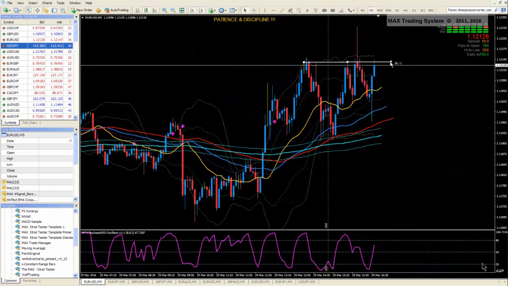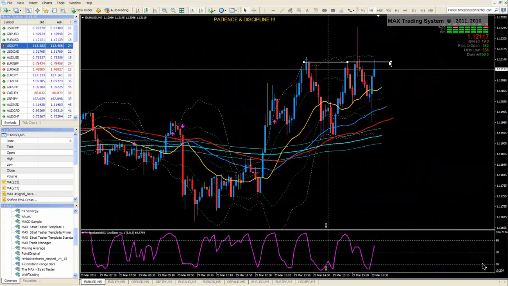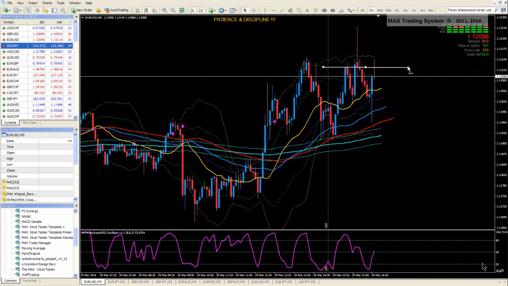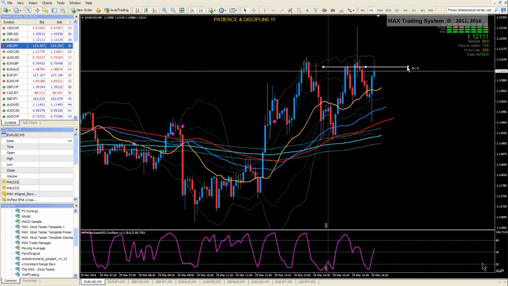There is no reason for the moment to adjust the... Yeah, we can adjust the resistance level. Let me check. So I was here, and so I can now adjust it, yes, here. And so we have to wait for its breakout.